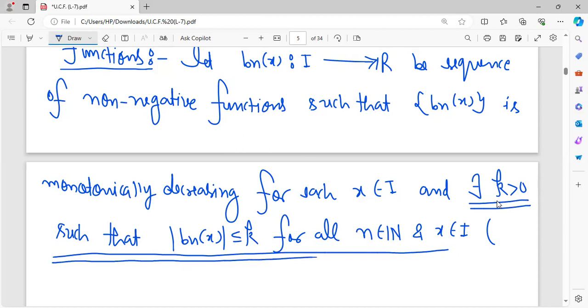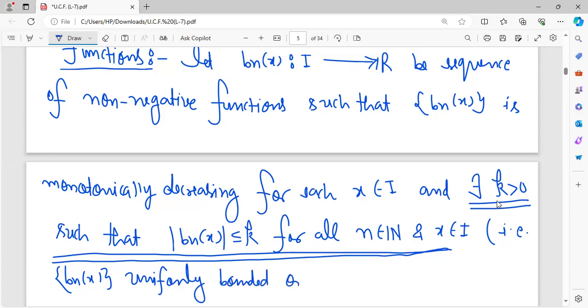The meaning of this, I am writing in brackets, is that Bn is uniformly bounded on I. What is the meaning of uniformly bounded?